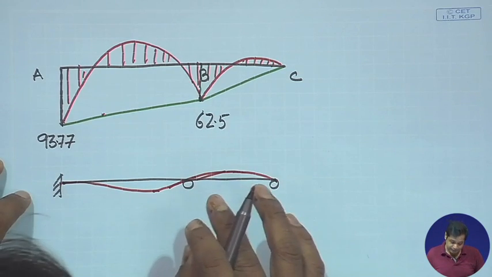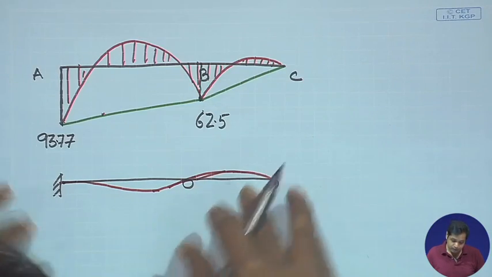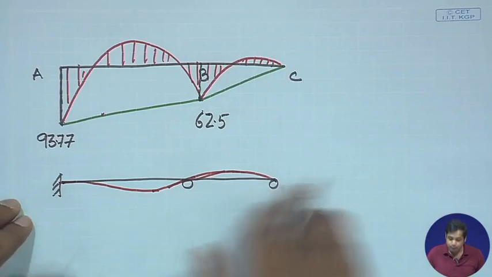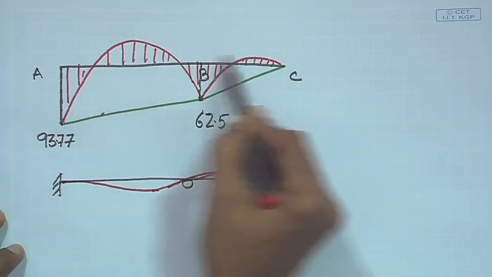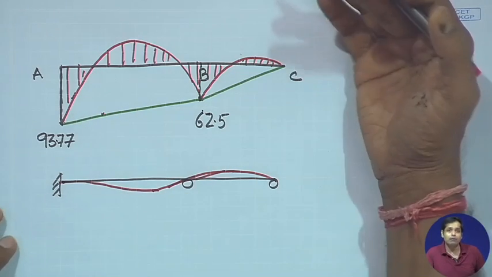Another reason I am drawing the deflected shape here is, by just looking at the bending moment diagram and the support conditions, we should be able to have some understanding about the deflected shape of the structure. Naturally, in this part it is hogging moment, so whichever way this beam deflects, it will be in a hogging position.